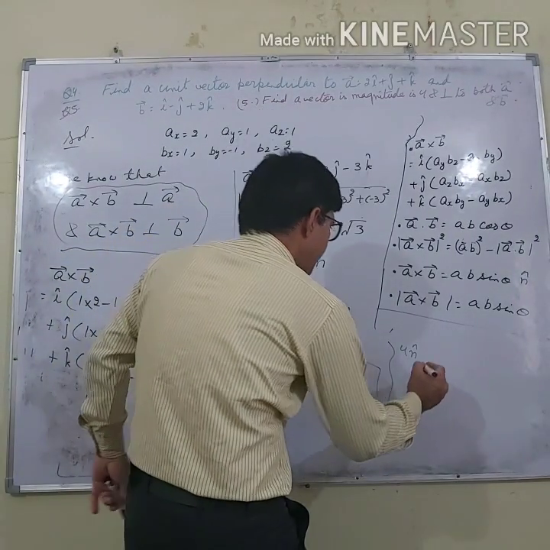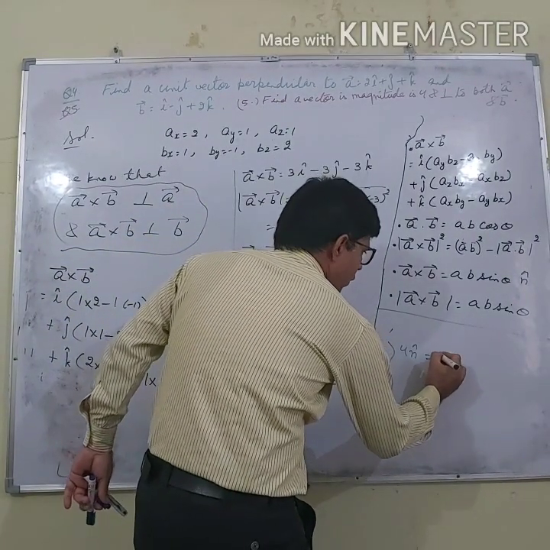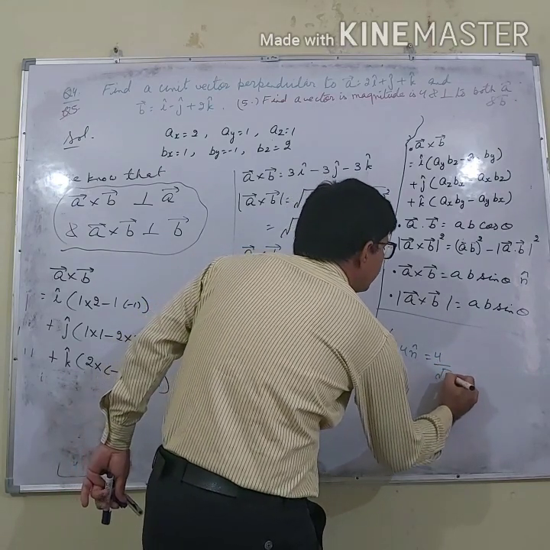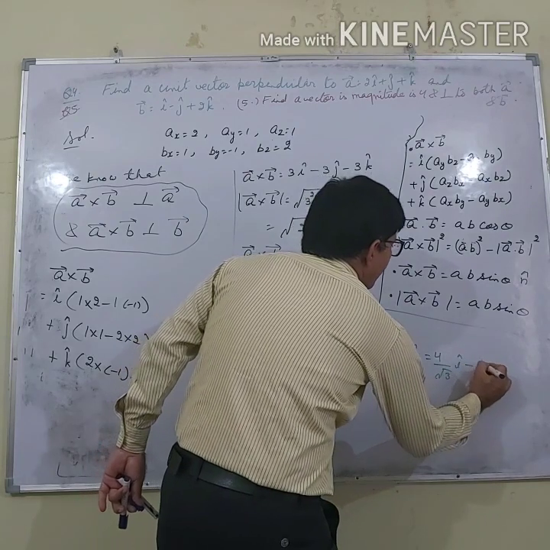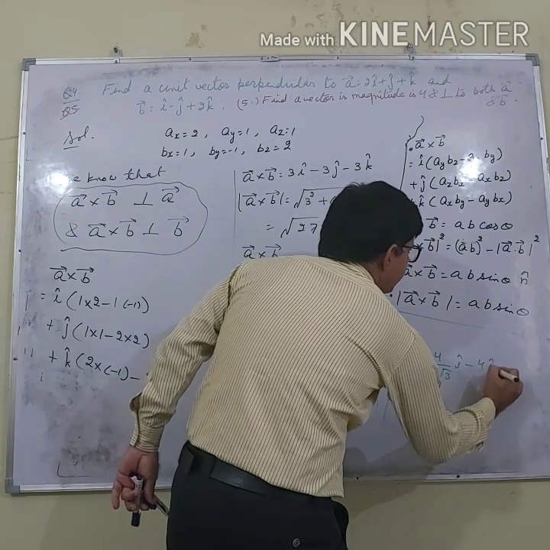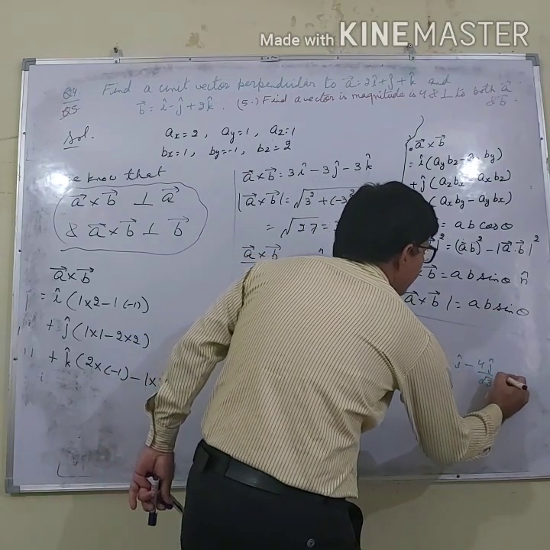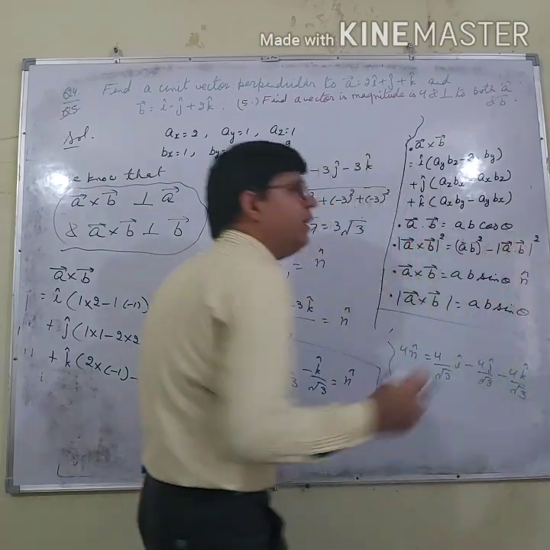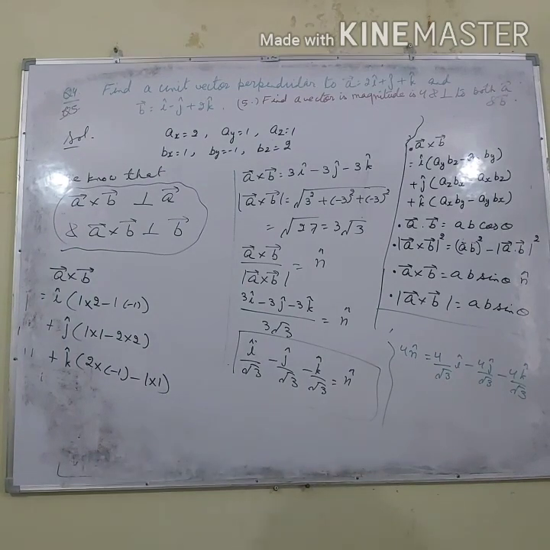So I will multiply by 4. I will get 4 upon root 3 I cap minus 4 J cap upon root 3 minus 4 K cap upon root 3. So in this way questions can be modified and asked.